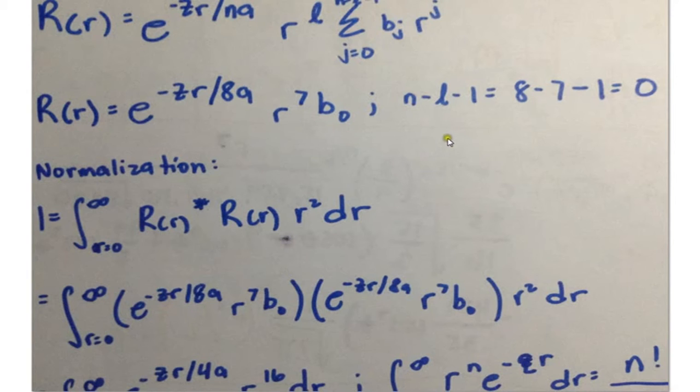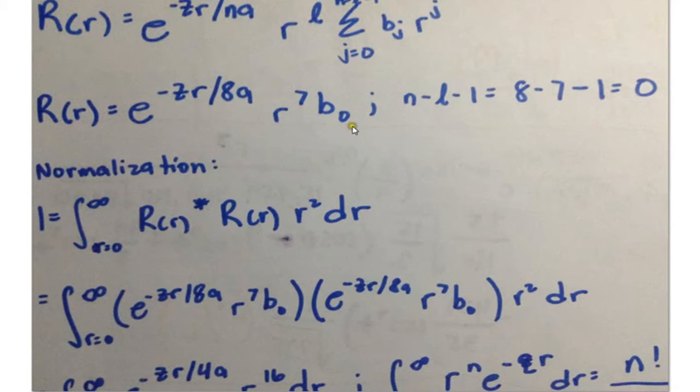So since our n is 8, our l is 7, 8 minus 7 minus 1 is 0. So we'll be starting this only for 0. So we have now R is equal to e raised to negative Zr over 8a, r raised to 7 b0.